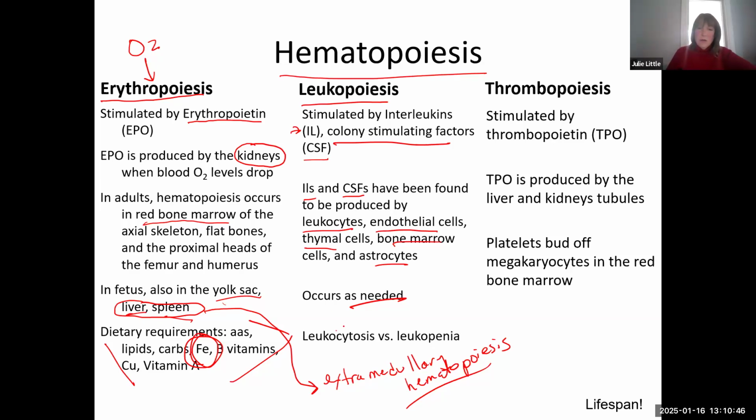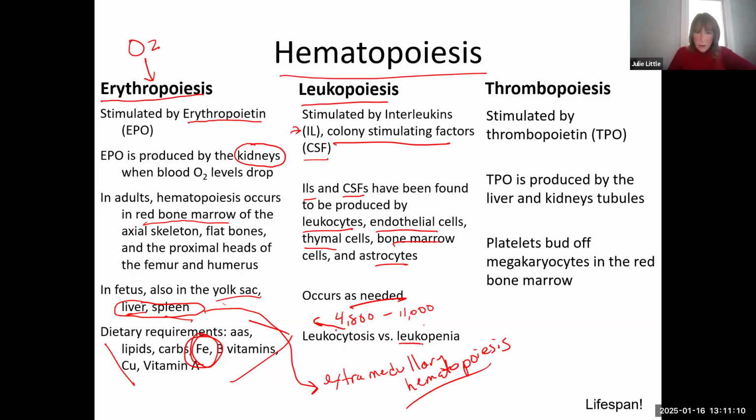Now, these terms down here, leukocytosis and leukopenia. A normal white blood cell count is between 4,800 and 11,000 white blood cells per cubic millimeter. If you drop down this way, that means you have too few white blood cells, and you would have trouble fighting infection.